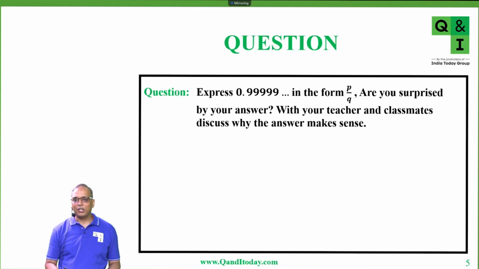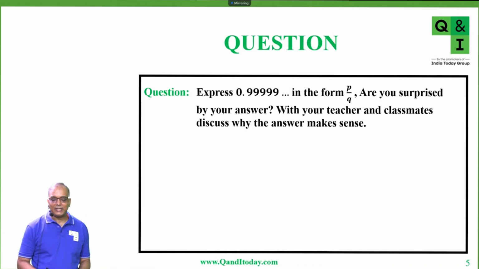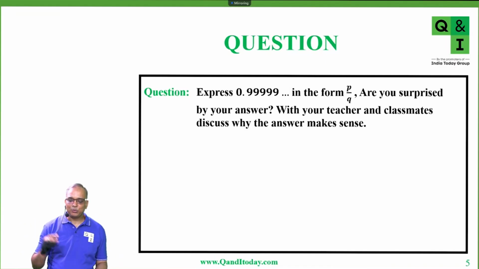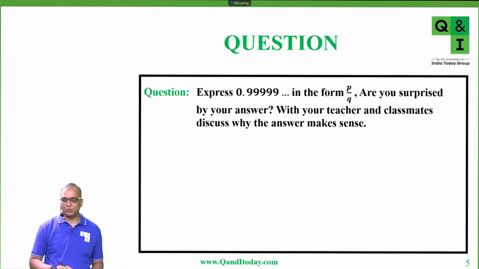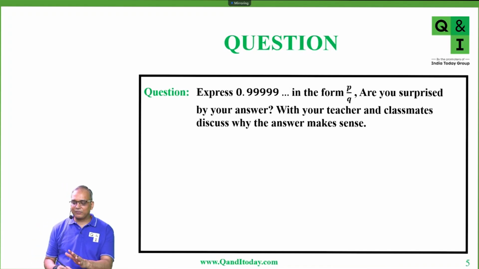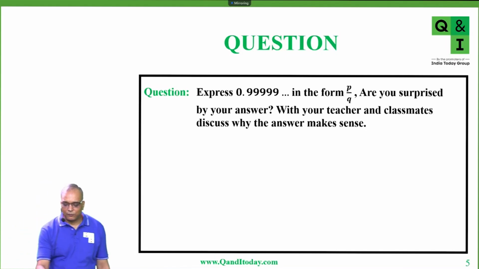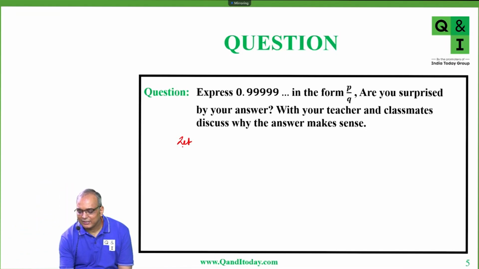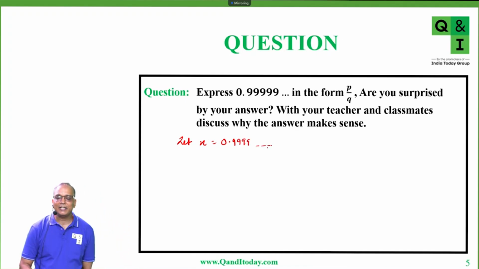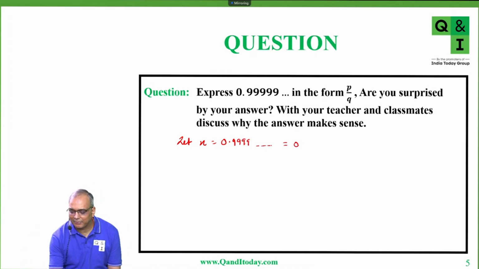First of all, we have to express 0.99999 up to infinity in the form p by q. Let x be equal to 0.99, which is a non-terminating recurring decimal that can be written as 0.9 bar.